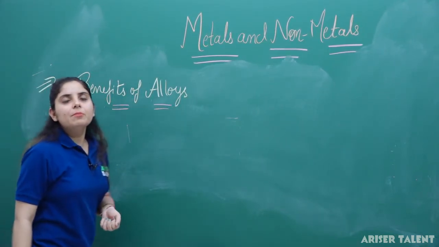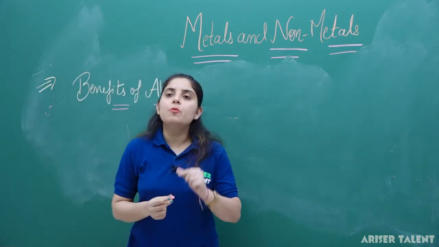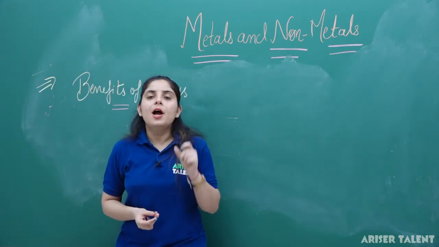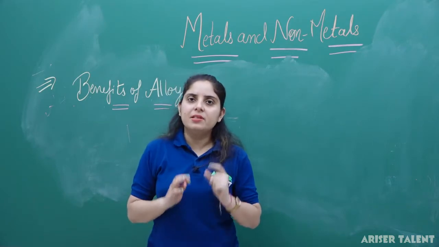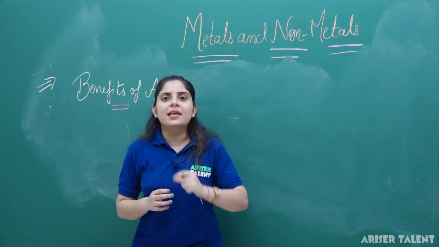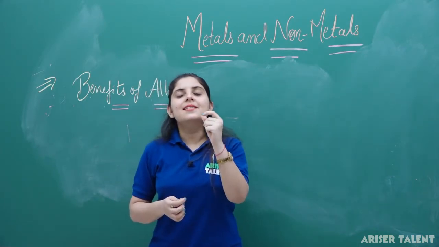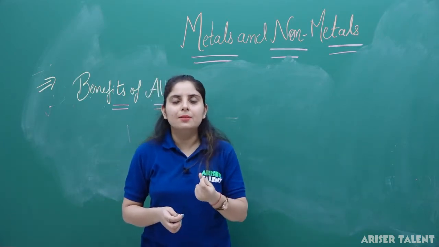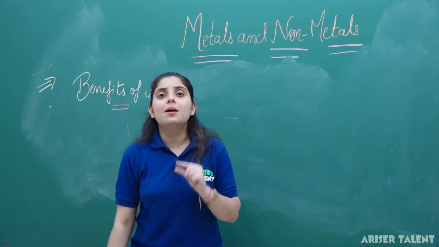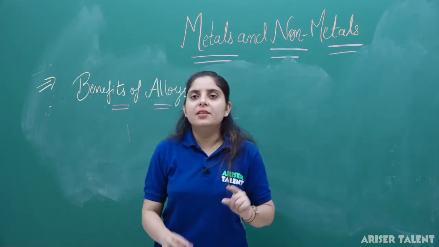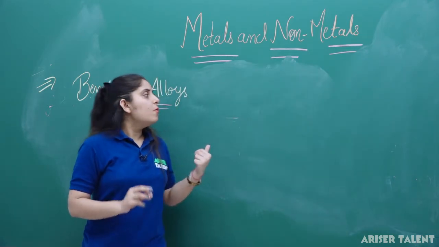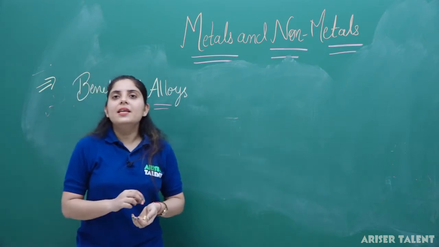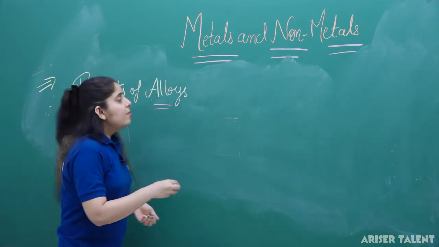In dealing with the benefits of alloys, the first most important benefit is that alloys are basically chemical resistant. We have recently seen the example of iron. Iron is combined with 0.5 to 1.5% carbon to make stainless steel, and this stainless steel is completely corrosion resistant. So the first benefit of having alloys is that they are chemical resistant.